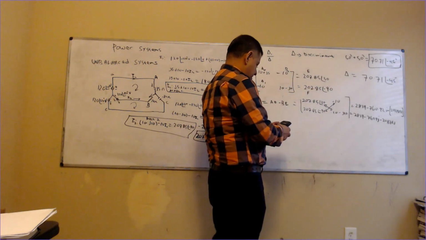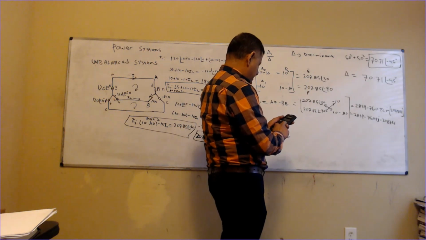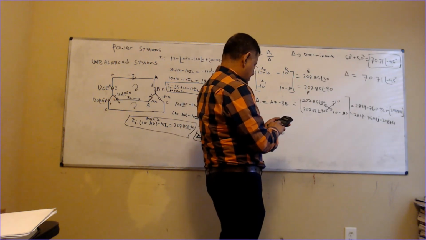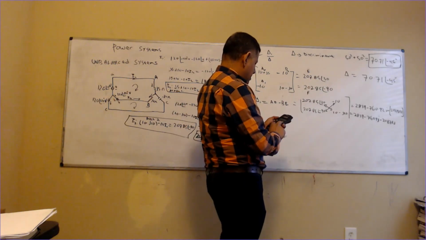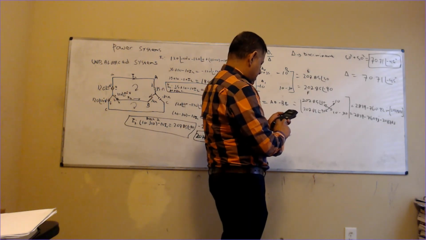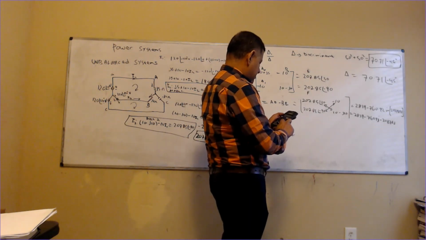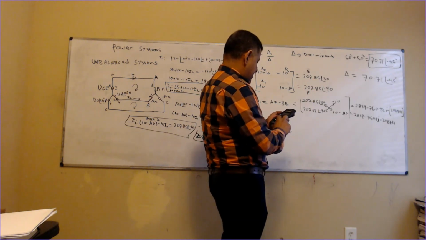So let me just do that again. So 207.58, second angle of minus 90 degrees times negative 10.